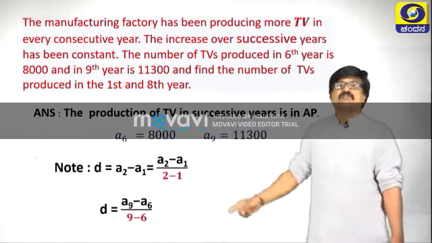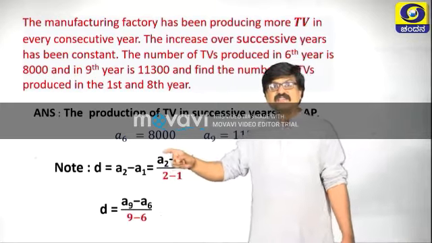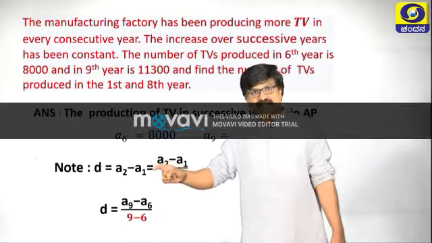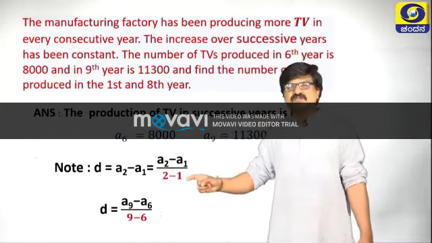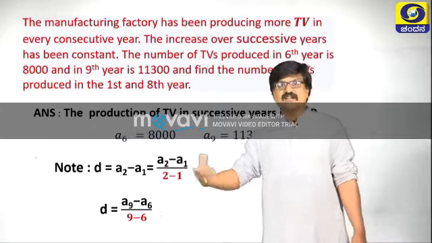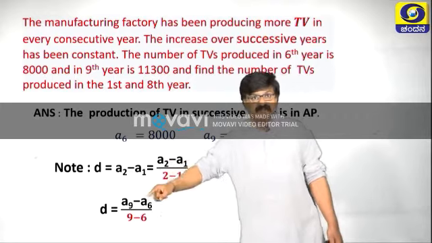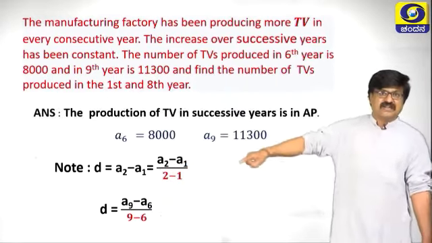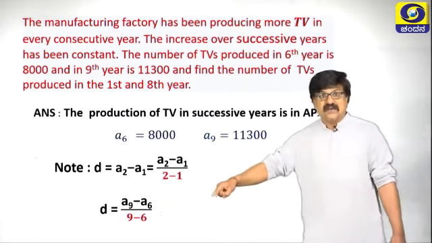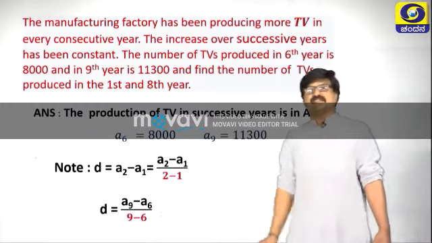So, we know D value is A2 minus A1. Can you write this as A2 minus A1 by 2 minus 1? What is 2 minus 1? It is 1 only. Similarly, D is equal to A9 minus A6, and in the denominator I am writing 9 minus 6.